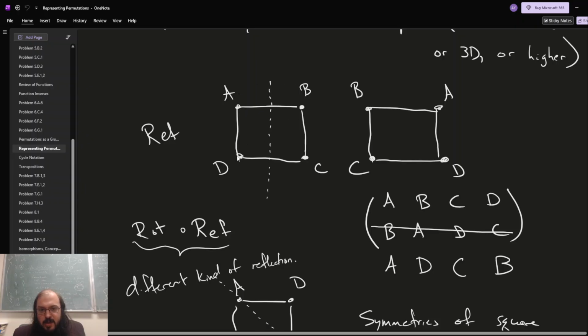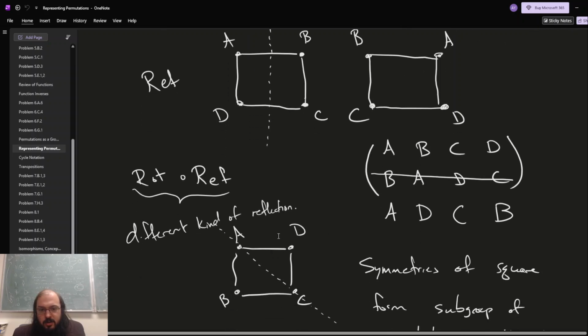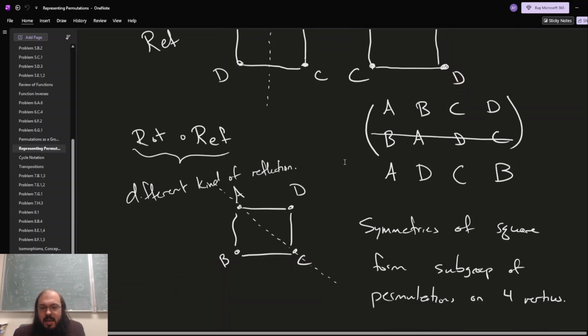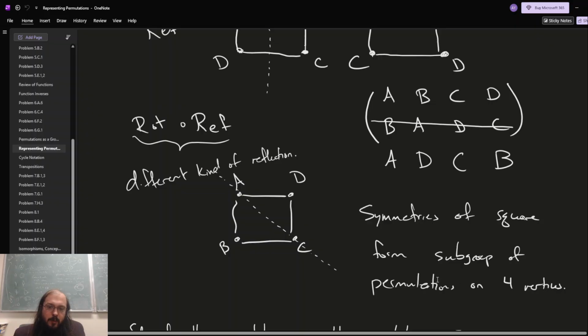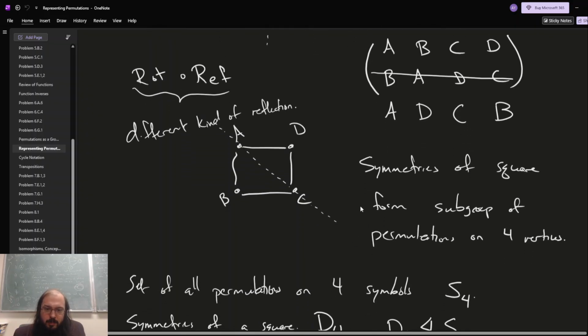A always has B and D as neighbors. No matter what I do to it, when I do a reflection, I do rotation, I do these diagonal reflections, the neighbors of A are always D and B. You can never make C a neighbor of A. And so it is not the case that the symmetries of the square are equal to the permutations of four vertices, but rather just a subgroup.